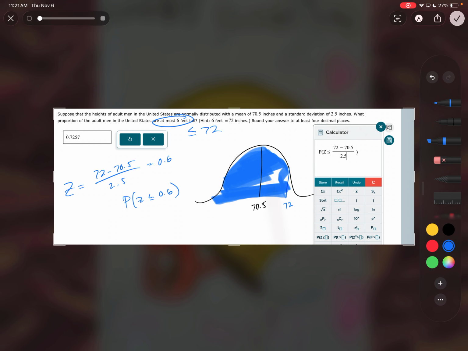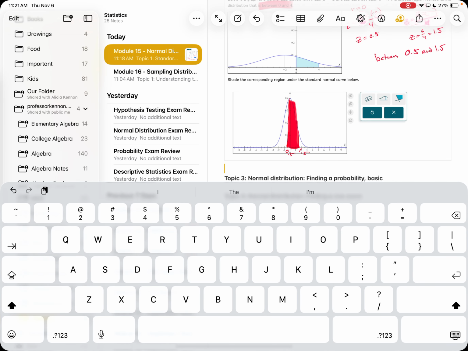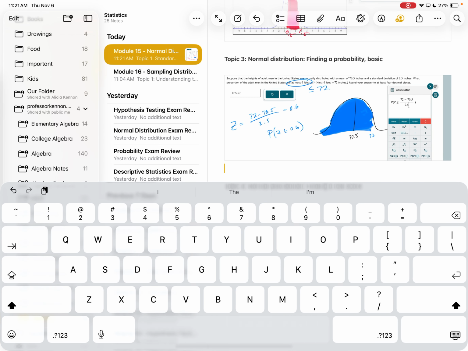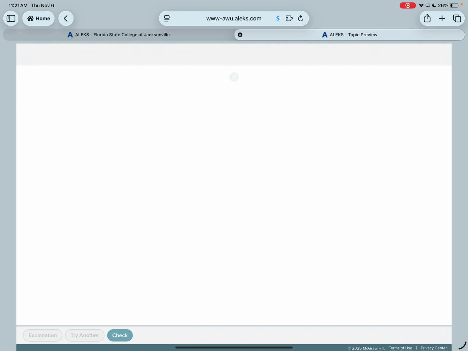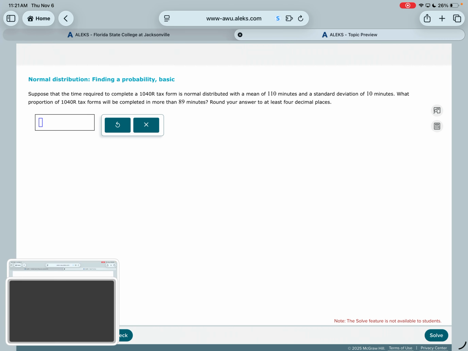This is what I mean by it does not hurt to make a quick sketch. Just to make sure in your mind, okay, I'm shading to the left, so I just use less than or equal to. If I shade to the right, I got to do the 1 minus. That's just a quick sketch, and that's what I mean by those, all right? That is basically what those topics are, and if you can do that, you'll be just fine on the next 2 sections. On this one, let's do another one.